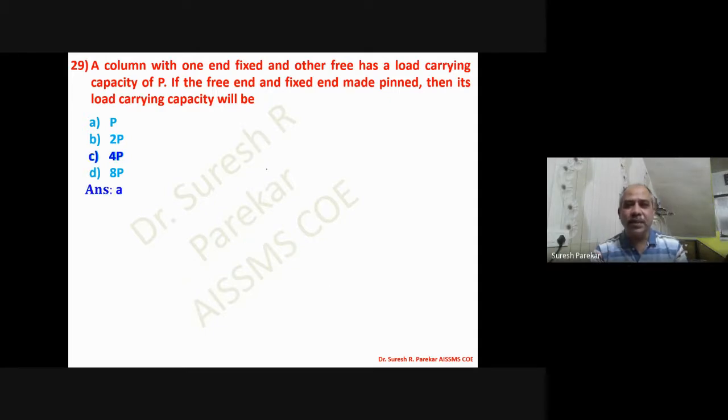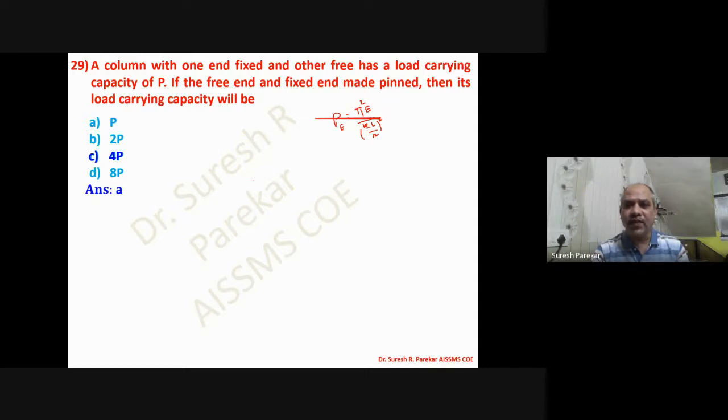We can write P equal to the formula for a column: pi square E upon lambda square, where lambda is KL upon R, squared. In the first case, my value of K is 2, and in the other case K is 1.